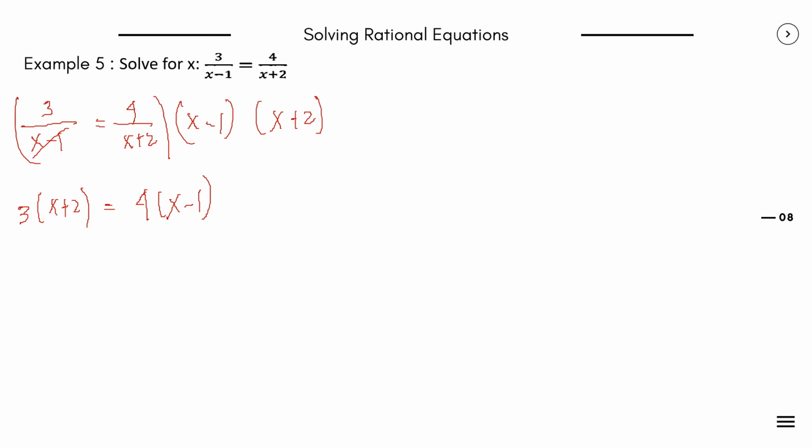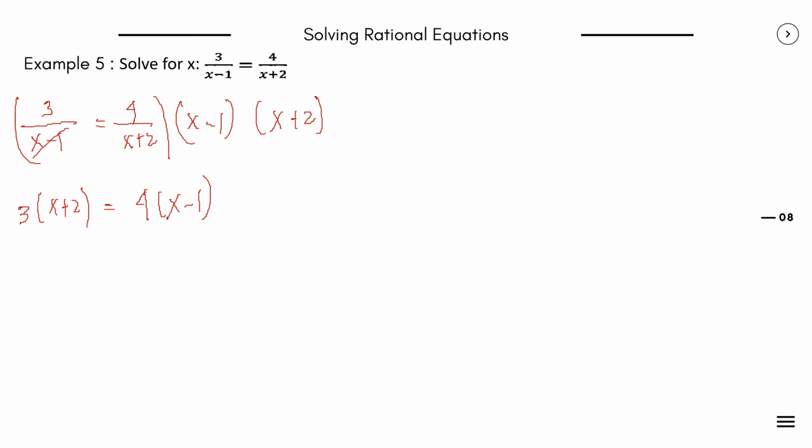Or, if ganyan yung nakukuha, if ganyan siya, single fraction sila on both sides, what you can do is cross multiplication. Diba? Mapansin nyo, ganun din naman eh. Cross multiplication, i-multiply nyo to, and then i-multiply nyo to, like what we have on proportion.